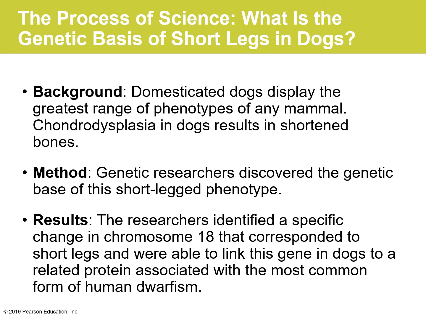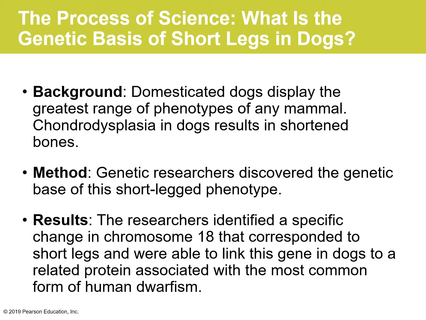What is the genetic basis of short legs in dogs? Scientists conducted experiments to discover the genetic basis of this short-legged phenotype in domesticated dogs. They used an automated gene chip to compare the DNA from dog breeds with short legs to that of dog breeds with long legs.